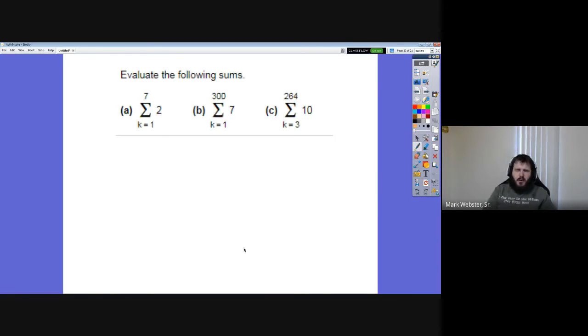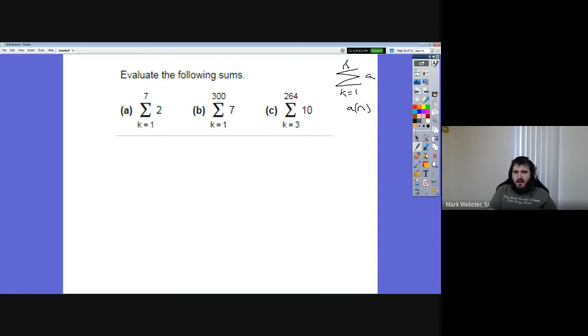All right, the last one I wanted to show you, I want you to notice something. There is no letter in our index. We're just taking the number 2 and we're adding it up 7 times, right? So I want to tell you, if you've got something like this of some random thing that has nothing to do with k or n, you can just take this and multiply it by that.